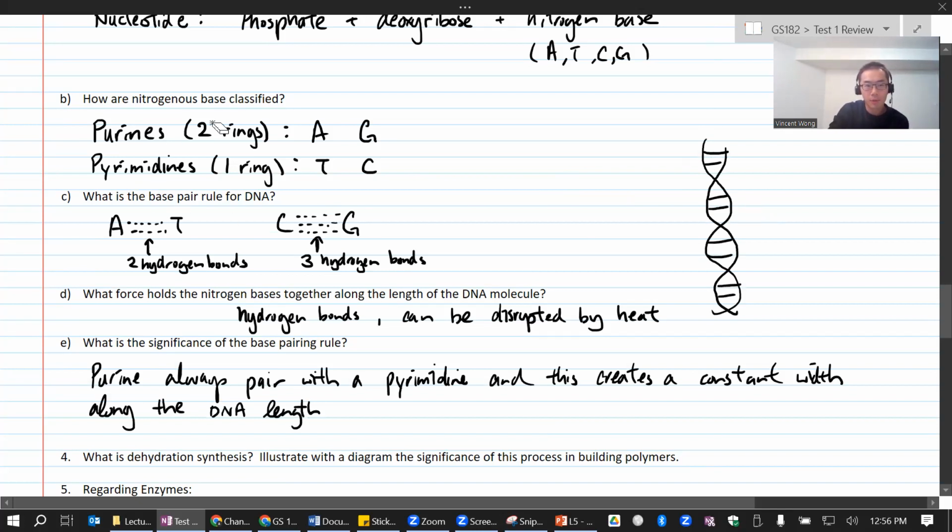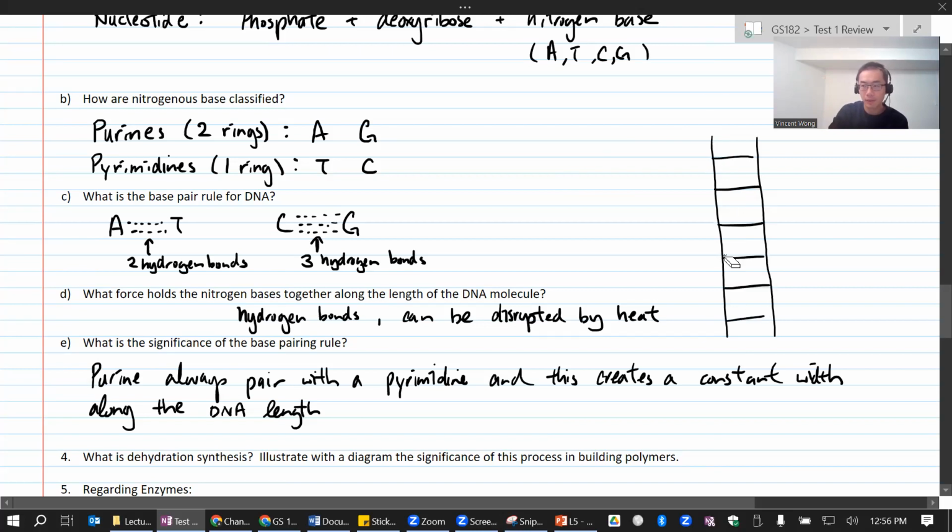Purines are 2 rings, pyrimidines are 1 ring. So the width is always 3 rings wide. This is of course twisted up, but it's easier if you pull it apart, don't twist it. Same length across.